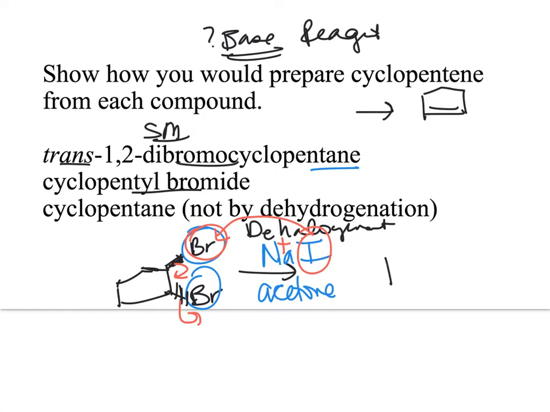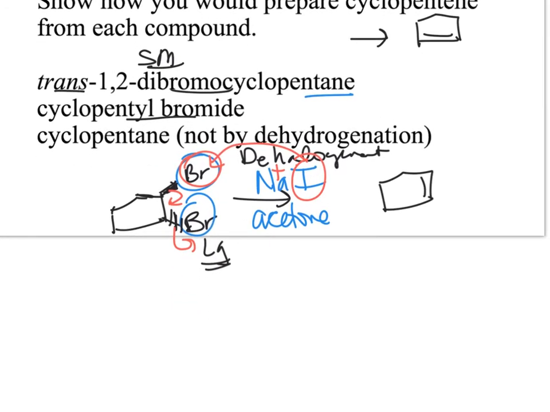So this will be cyclopentene. The iodide will go and take away bromine, and those electrons will then make this bromine a good leaving group and push it out to make your alkene.